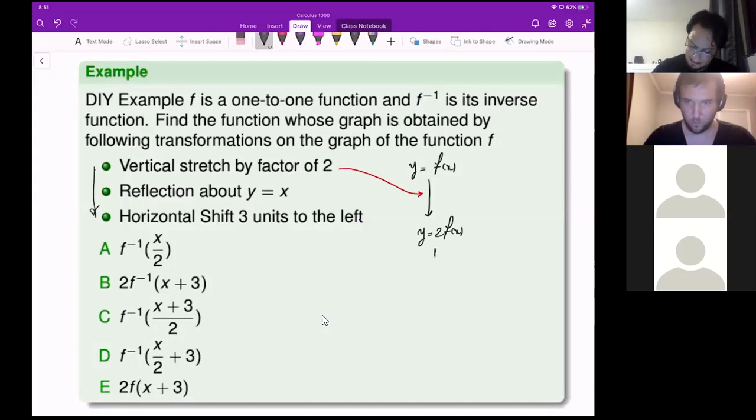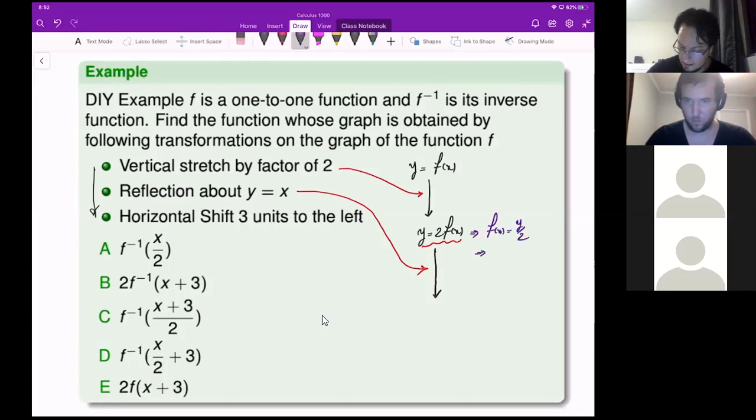Then the next step is that we want to apply this transformation. Here you have to be very careful. You're not replacing f by f inverse. You're basically solving this for x and then replacing x and y. So if I start from there, this is f of x equals y over 2.